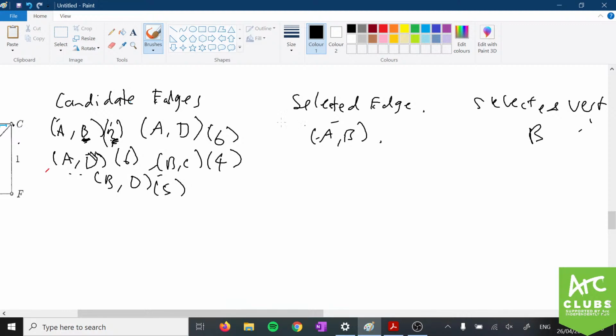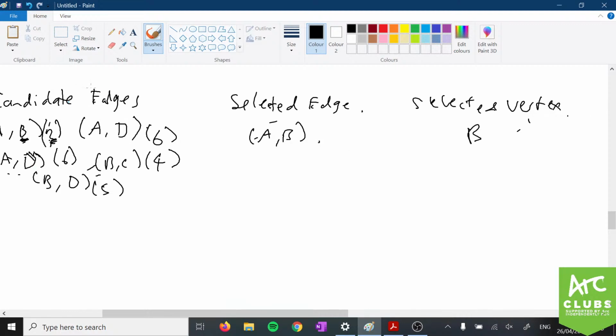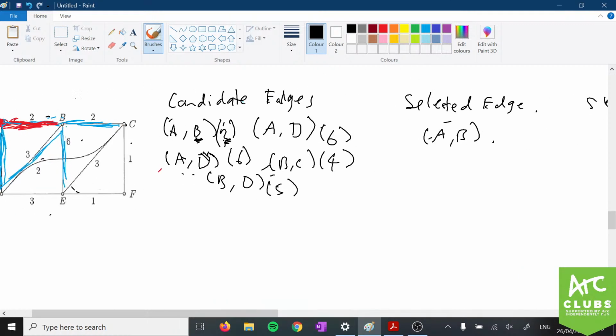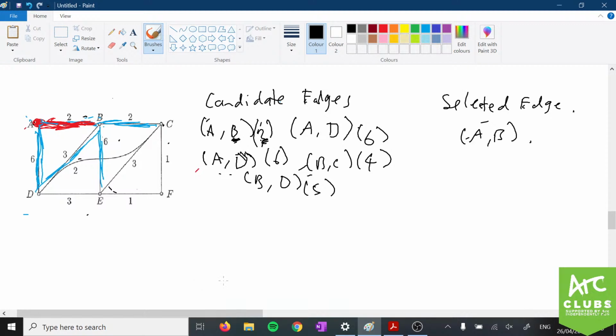The number here makes much more sense now. It's if we travel along the spanning tree to B and then B to D, that gives us a weight of 5.